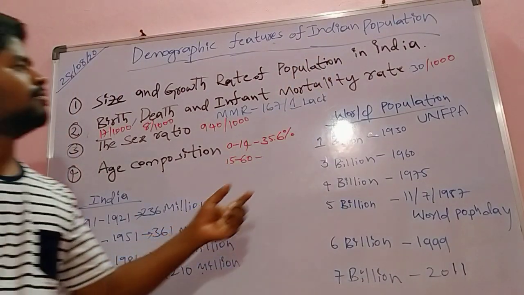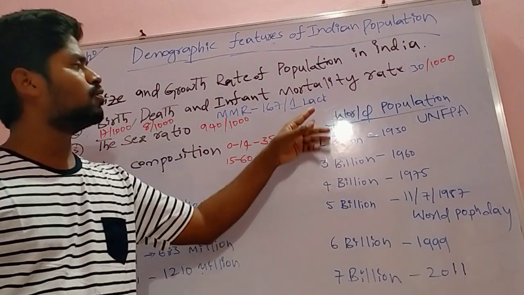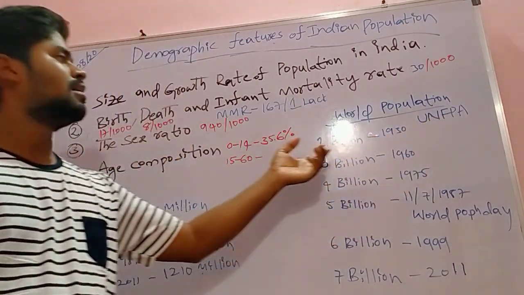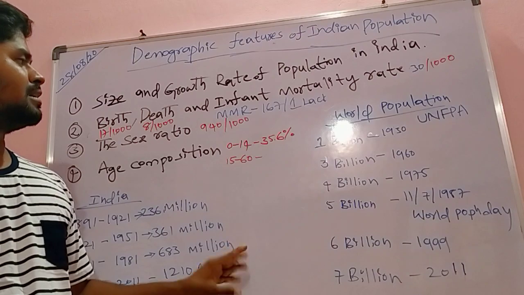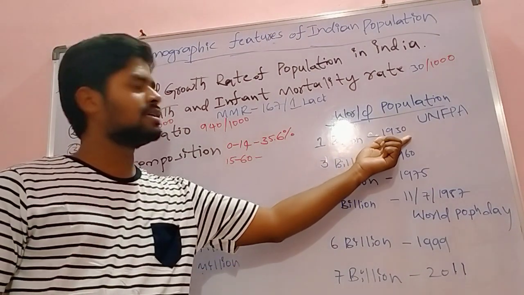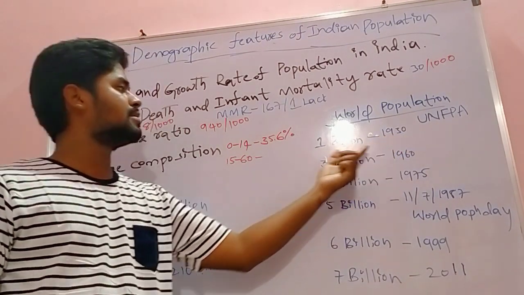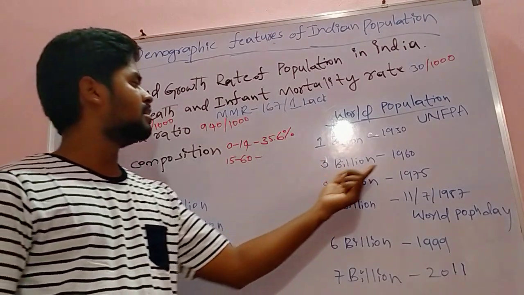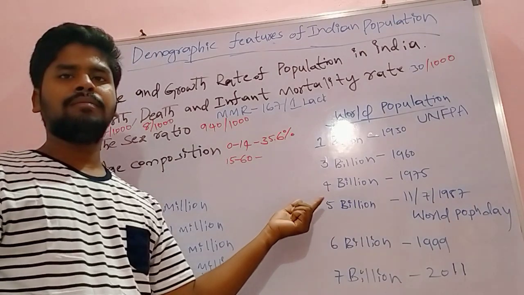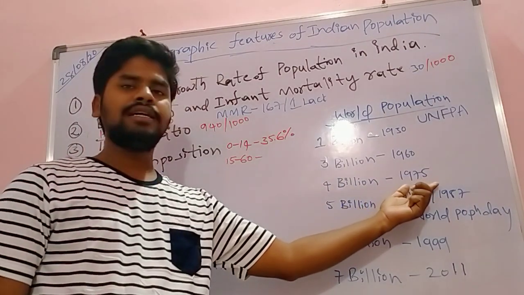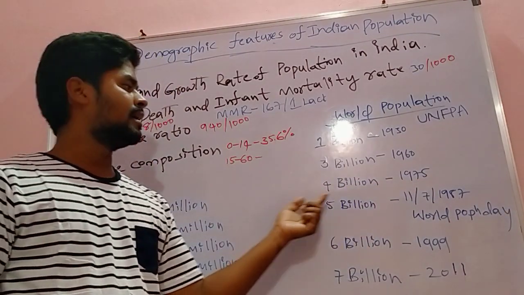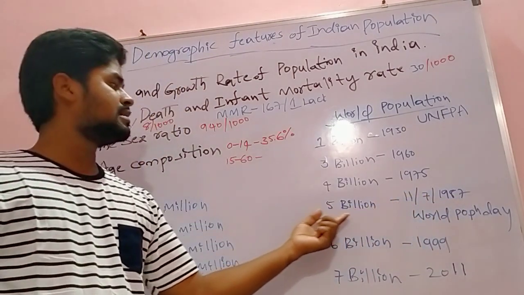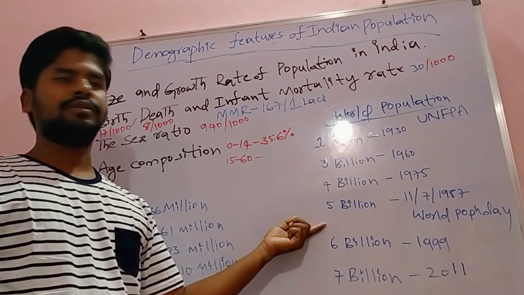So if you look at the world population according to the United Nations Fund for Population, in 1930 there was 1 billion population, in 1960 3 billion, and in 1975 4 billion. In 1987, on July 11, it is 5 billion population, right?